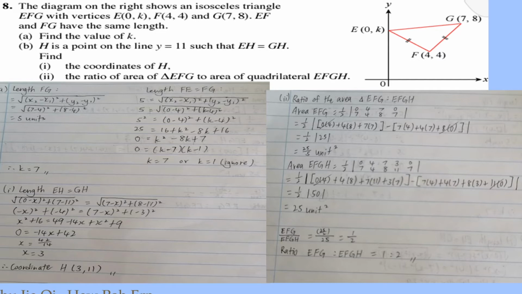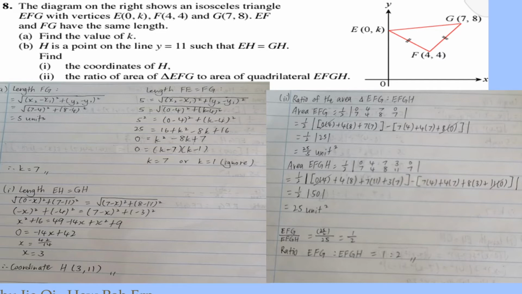Length FE is equal to length FG. So square root bracket 0 minus 4 square plus bracket k minus 4 square is equal to 5. We need to bring the square over, so it becomes 5 square is equal to bracket 0 minus 4 square plus bracket k minus 4 square.